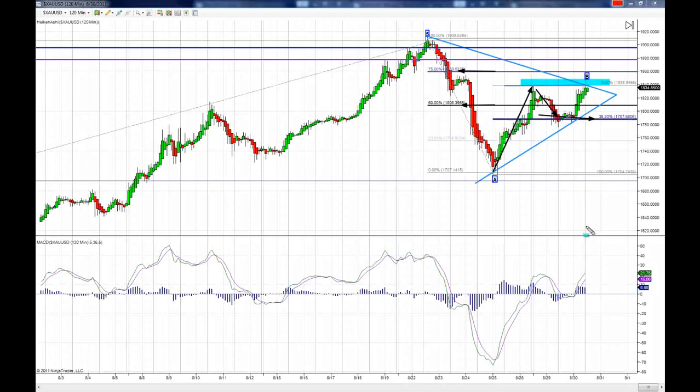What I see looking at all this data is as follows. One, we can absolutely see that we have a double top in here. We also have a pennant formation forming. However, at the same time, we have the MACD, which has actually turned up.